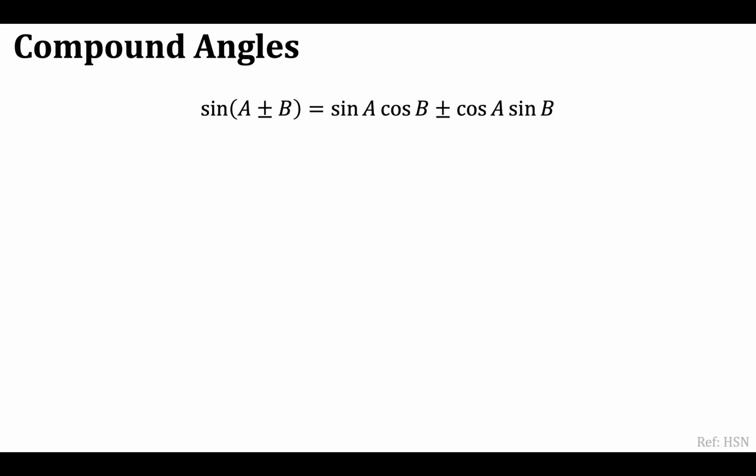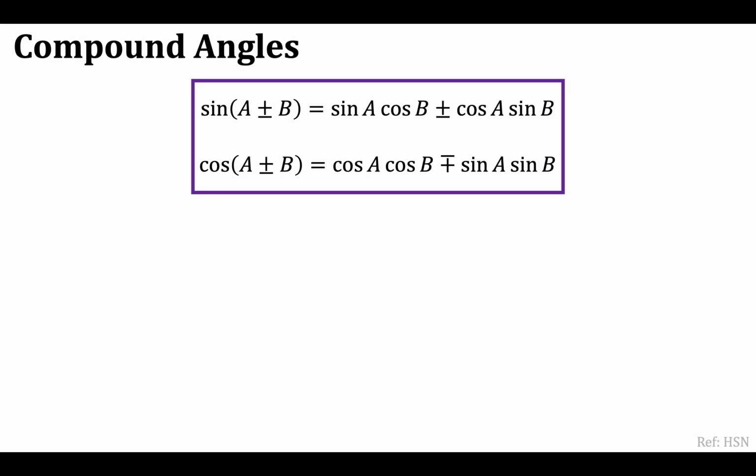So, to summarise all of that, we can put all of these statements together, and this, folks, is what you get in your formula sheet in the higher maths exam. So we've got sine of a plus b is equal to sine a cos b plus cos a sine b, and then if we look at the bottom, sine a minus b is equal to sine a cos b minus cos a sine b.